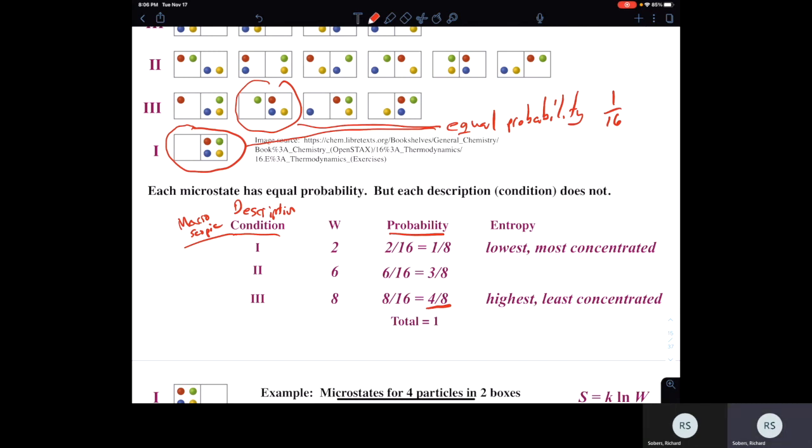Each one of those possible pictures has equal probability, but for the macroscopic description of how the sample is, there are different probabilities for each description.